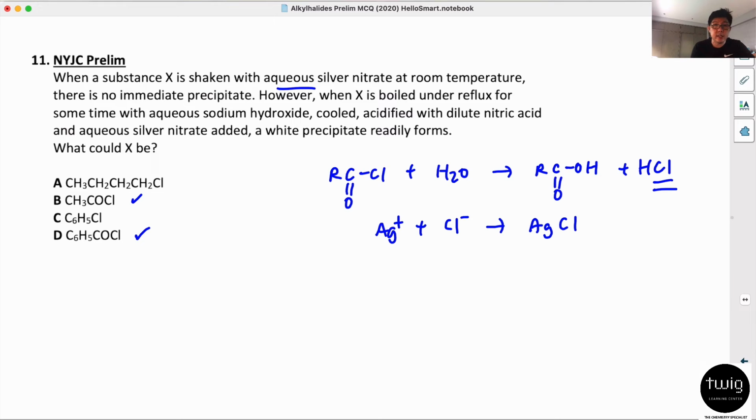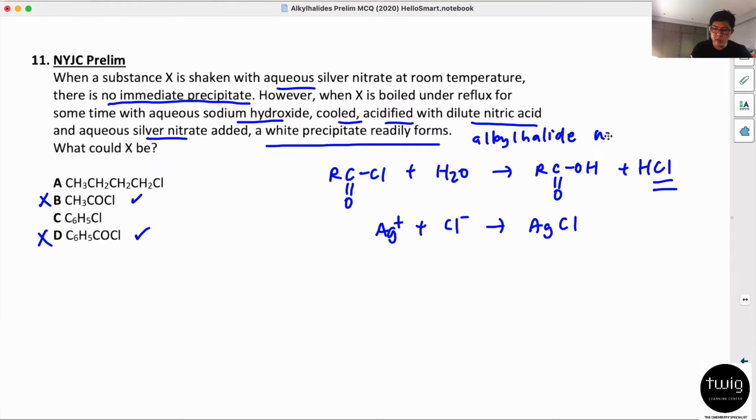So since the question says there is no immediate white PPT, it means it mustn't be any of the acyl chlorides. And if you look at the next two, when X is boiled with sodium hydroxide and then acidified with nitric acid, and then you add silver nitrate, this is when a white PPT forms. So it means that this must be an alkyl halide, not an aryl halide.